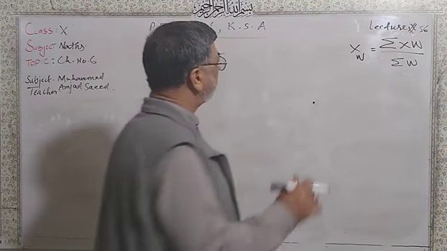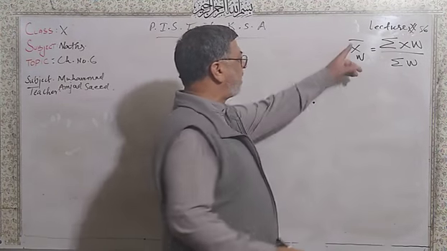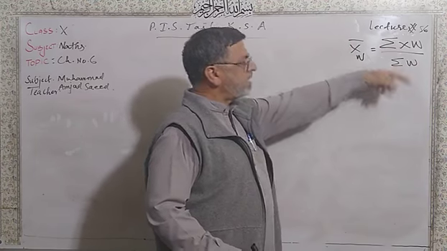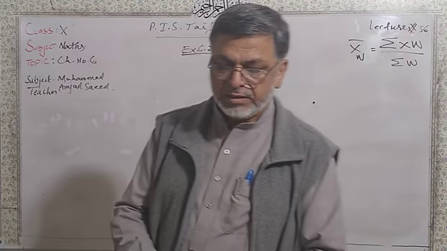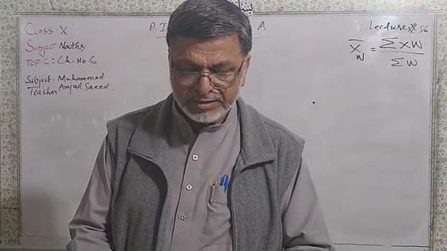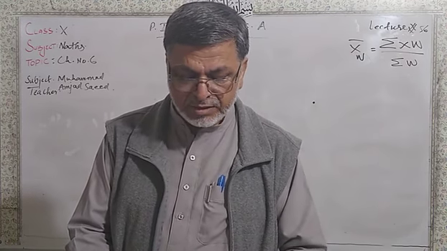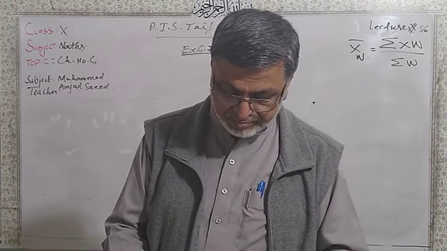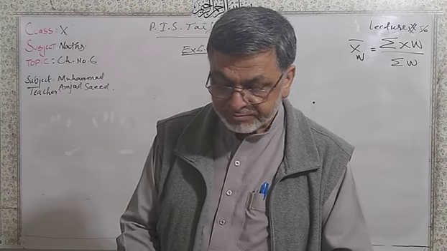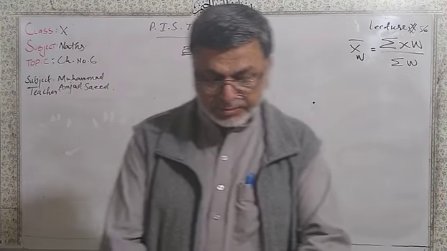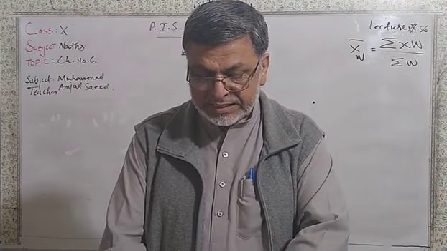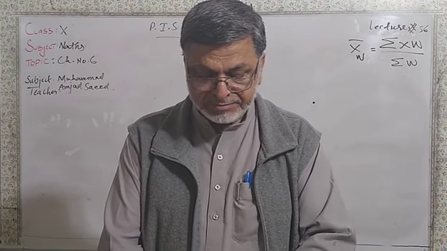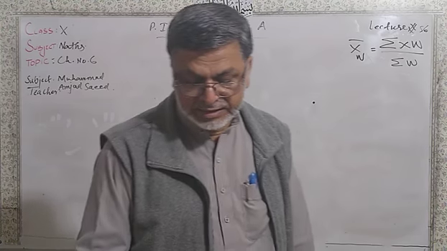X̄w is the weighted mean. So the weighted average is sigma xw divided by sigma w. In this way you can find the value of the weighted average. Here a student obtained the following marks in a certain examination.